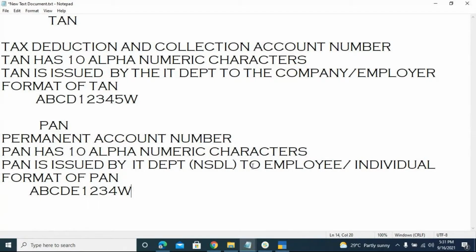GST registration in India is PAN based. Companies incorporated in India, established in India, for them the registration under GST is PAN based.